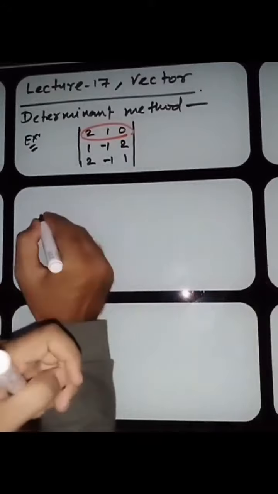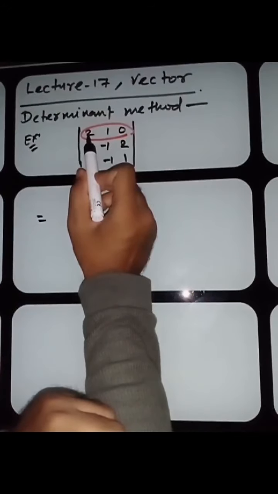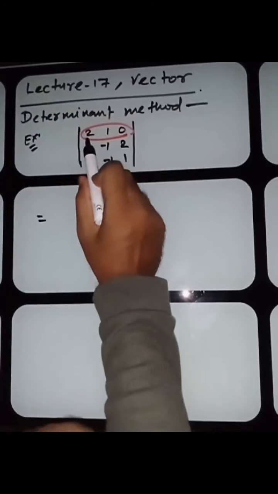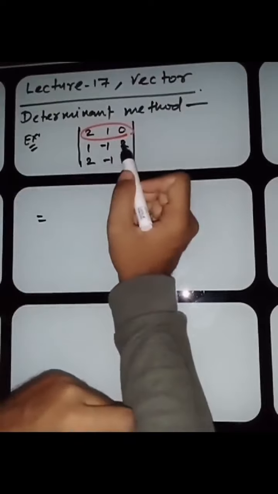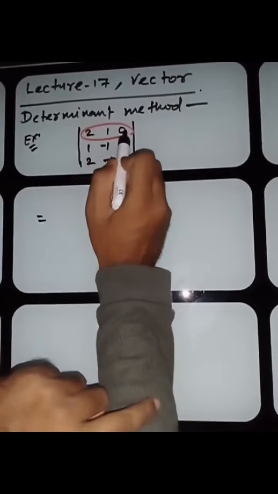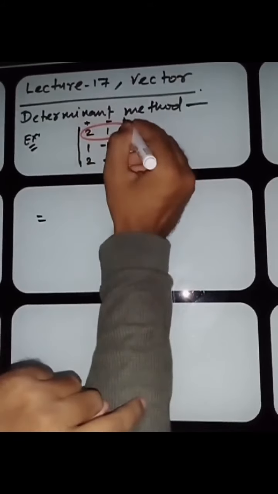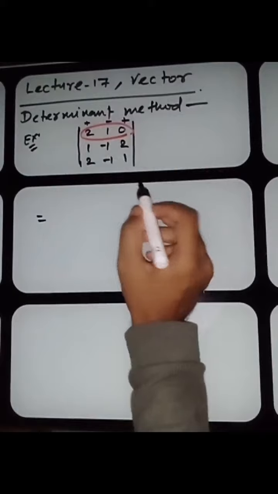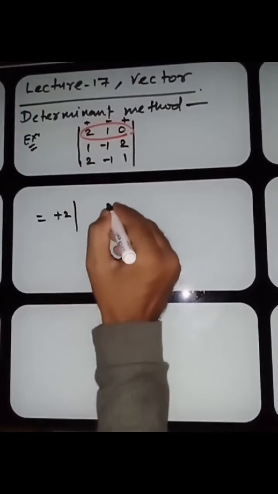I'm going to split this determinant, and we have discussed with which row or column we can solve it. We will provide the nature, so I'm going to provide the nature here: plus, minus, plus. So the plus 2, I'll split.